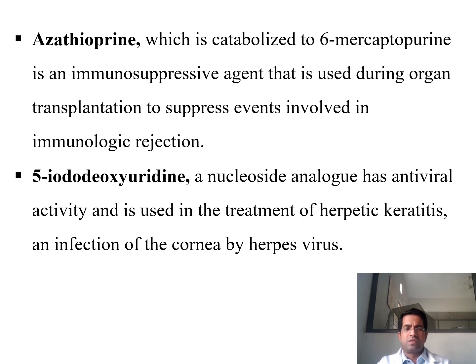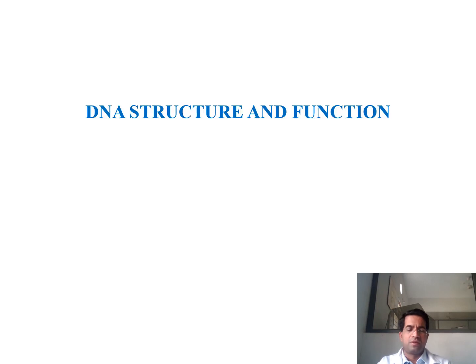Azathioprine, which is catabolized to 6-mercaptopurine, is used as an immunosuppressive agent during organ transplant. And 5-iododeoxyuridine, a nucleoside analog, has antiviral activities and is used in the treatment of herpes infection caused by the herpes virus.